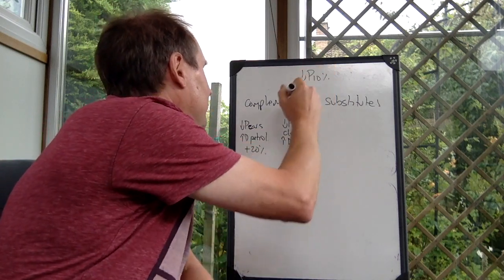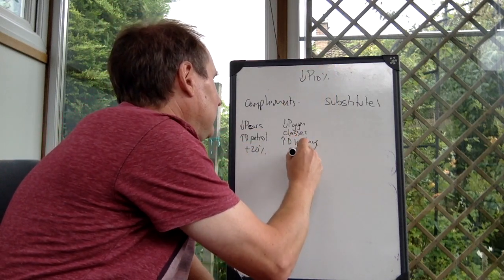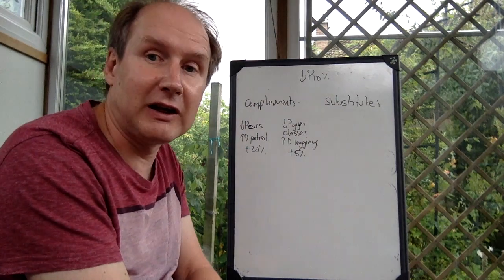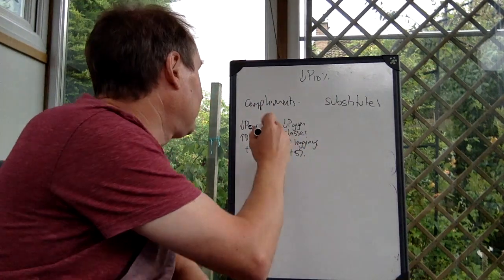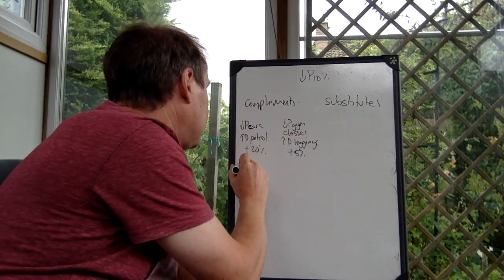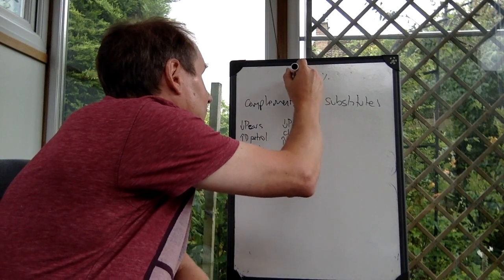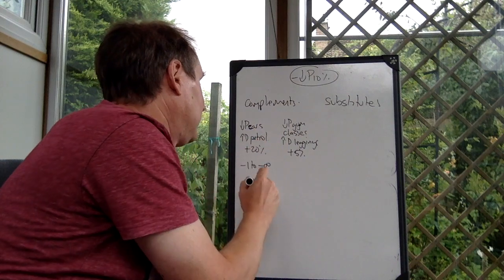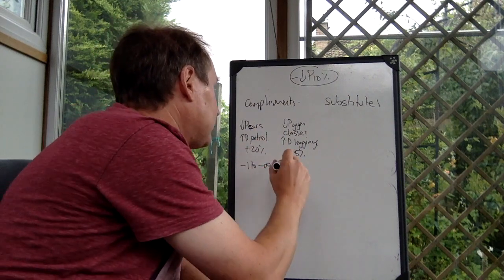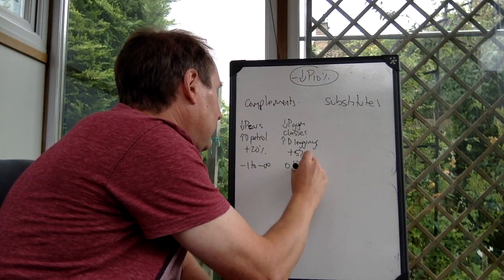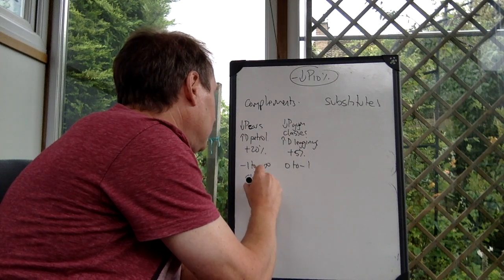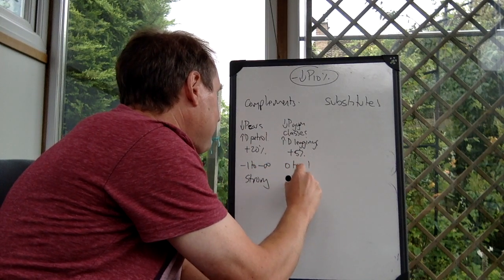So a decrease in the price by 10% leads to a plus 5%, say, increase in demand. So here, for strong complements, -1 to minus infinity, remember it's minus change in price there, plus here, that gives us strong complements, whereas 0 to -1 gives us weak complements.